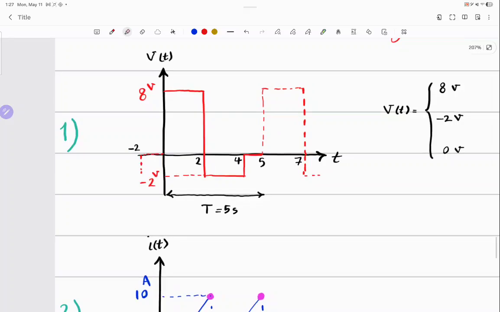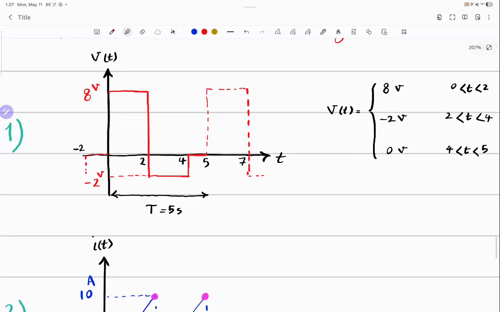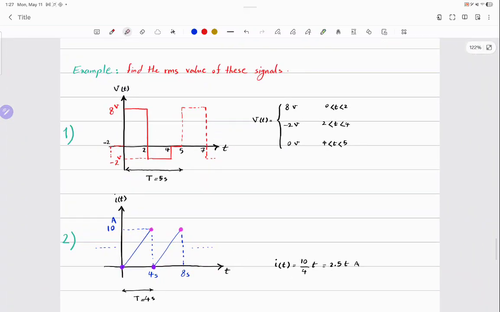So, I've already written this, but is it obvious that the period of the signal is 5 seconds? Because after 5 seconds, it starts repeating itself. And I've also written the multi-expression of the function. Between 0 and 2 is 8 volts, between 2 and 4 is -2, between 4 and 5 seconds is 0. So I have the function, I have the period, I have the formula. Let's calculate V RMS or V effective.